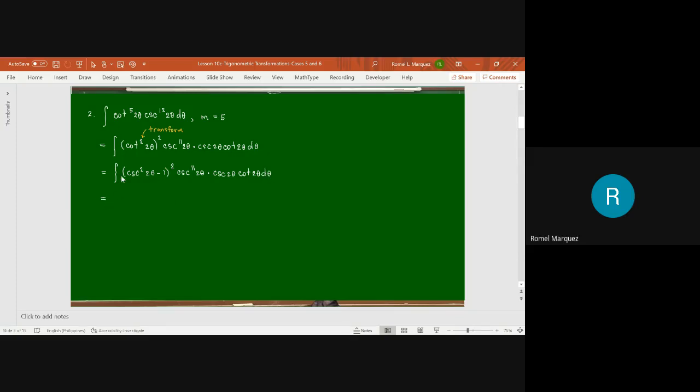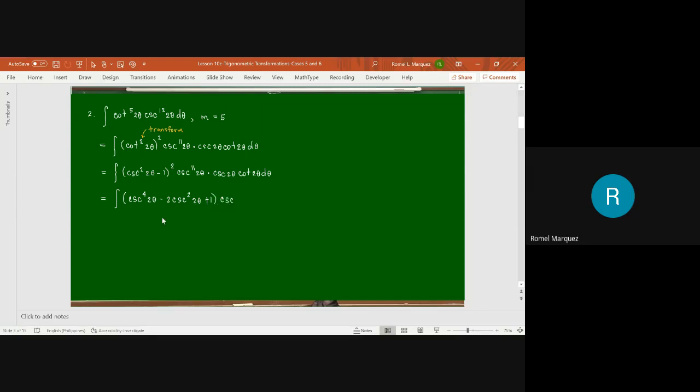Let's move to the next line. Expansion gives us cosecant to the fourth of 2 theta minus 2 cosecant squared 2 theta and then plus 1.